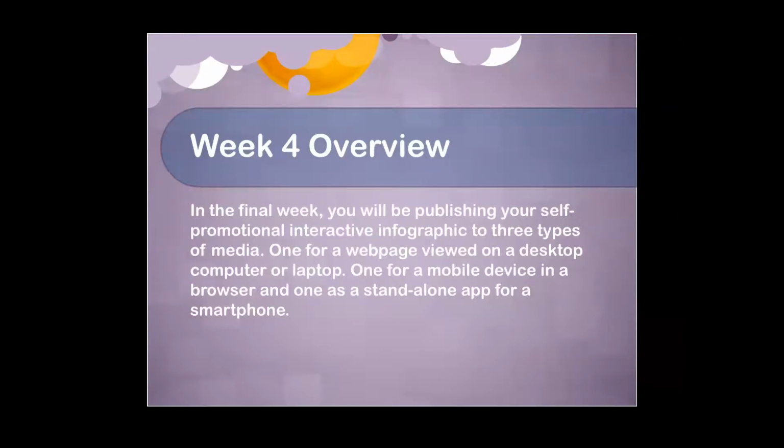So we're all about the publishing of the self-promotional interactive infographic, and I'll talk a little bit later about this, but the publishing function for Google Chrome is having a problem, and I haven't yet figured out exactly why the output isn't working, so we'll go into that a little bit later.